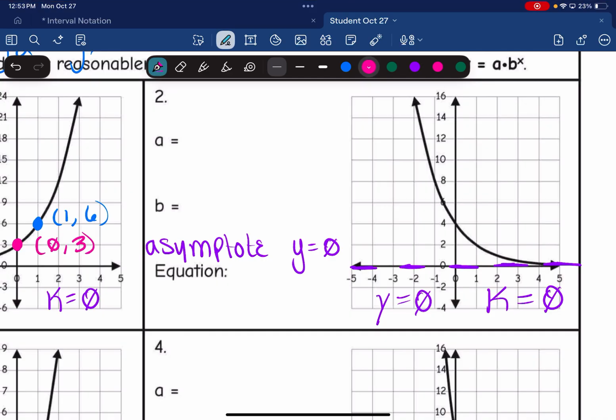I need to find my y-intercept. That is 0, 4. So I'm going to take my y-intercept, which is 4, subtract my asymptote of 0, which means a equals 4.